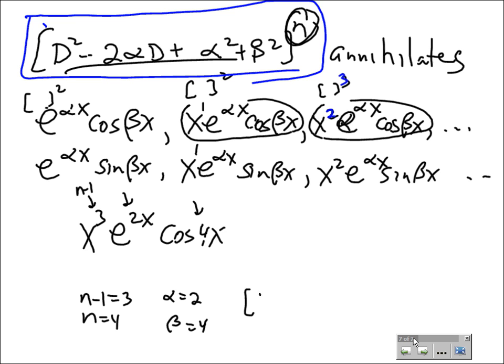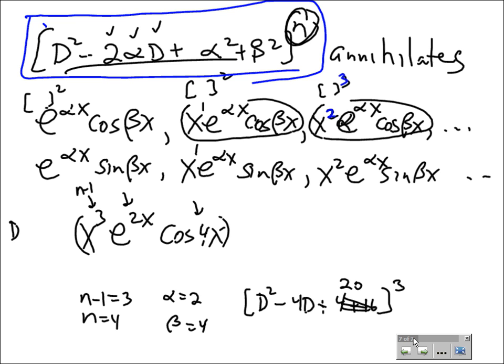So the annihilator is going to be D squared minus 2 times 2, which is 4, times D, which is 4D, plus a squared plus b squared, which is 20, to the fourth power. That's what it's going to take to annihilate this function.